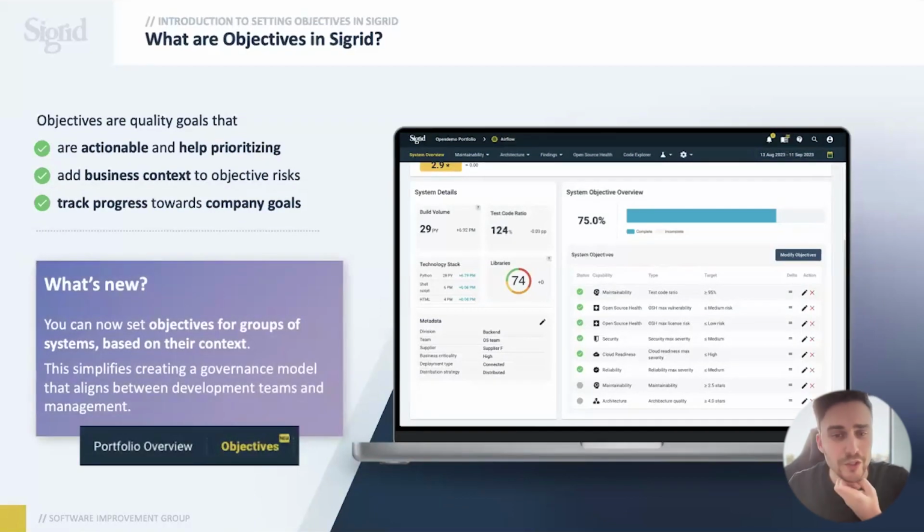So earlier, you could set goals on a system level for each of the quality insights that you can get on Sigrid. But now you can also set objectives for groups of systems. And this is based on their context or metadata, if you know the terms in Sigrid. And we will show you some examples during this session.